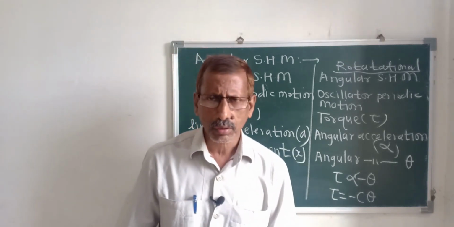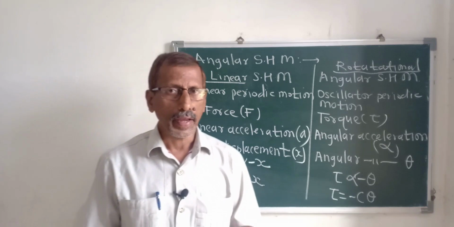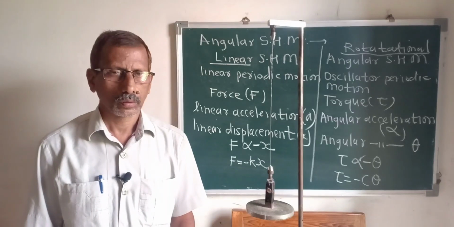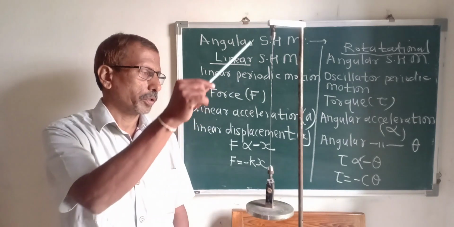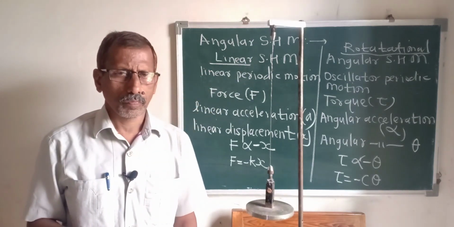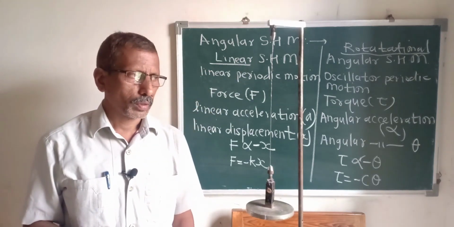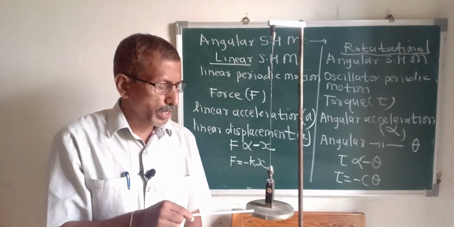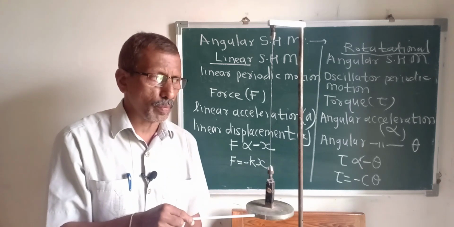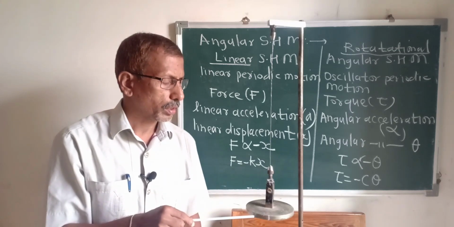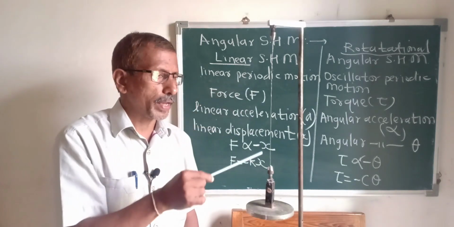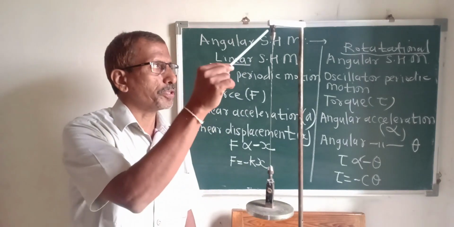For this we take the example of the torsional pendulum. This is the torsional pendulum. It is a heavy metallic disc, this is a metal wire, and this is a rigid support.